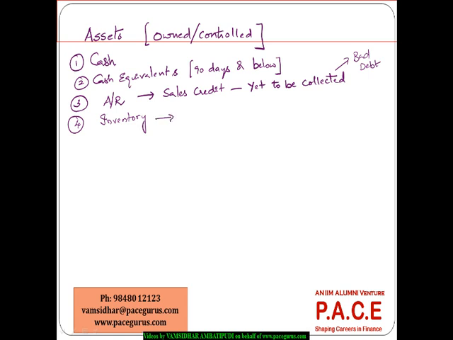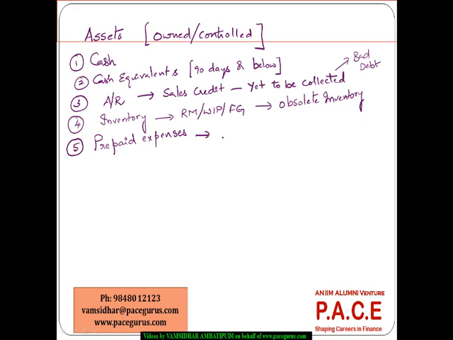Then inventory, again, is the kind of raw materials or work in progress or finished goods that are there with the company. Even this could have obsolete inventory as a contra account that could reduce the value of this inventory. I could also look at prepaid expenses, meaning expenses for which the cash payment has already happened, but the good or service is not yet received.